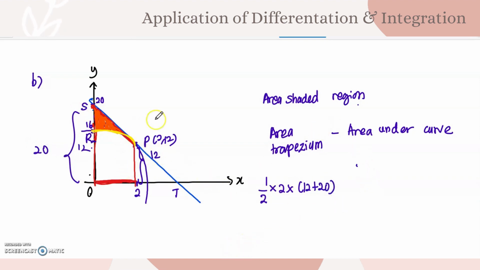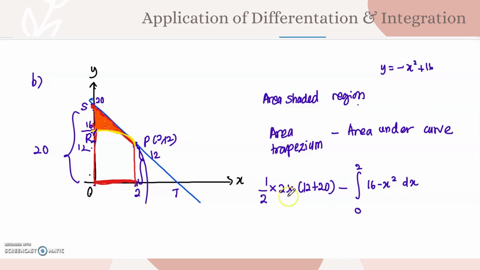So we go to the area under the curve. Under the curve, we will integrate from 0 until 2. Once we integrate with the limit, it means that we calculate the area under the curve within that limit. So we subtract this from 0 to 2. The curve is y equals negative x squared plus 16, so the integral of 16 minus x squared dx.